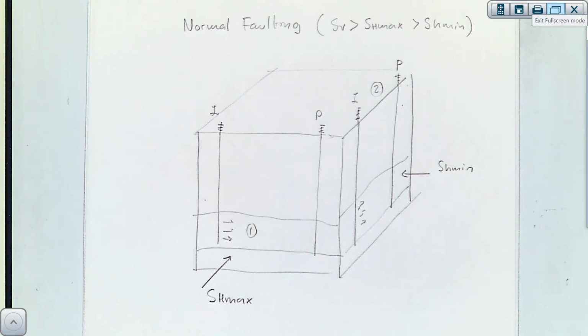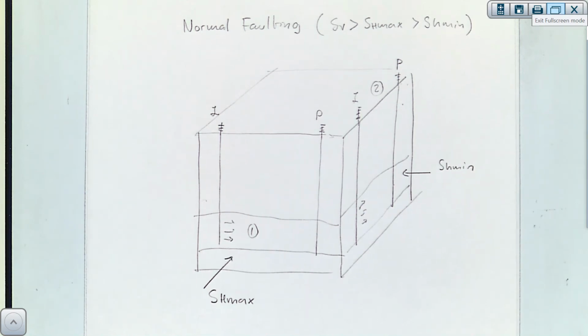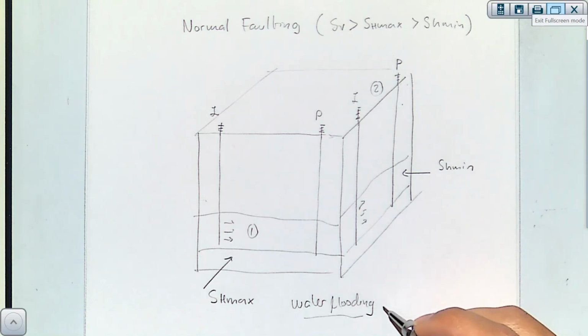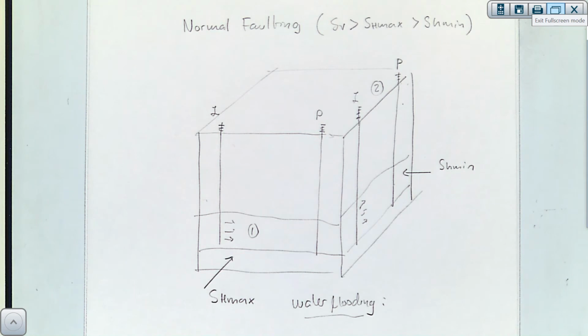A very common problem that you have when you are doing EOR, and especially when you're doing water flooding, let's say this is a water flooding example, is that your water is not perfectly clean. There are some particles in it, and also the temperature might be a lot lower than that of the reservoir.